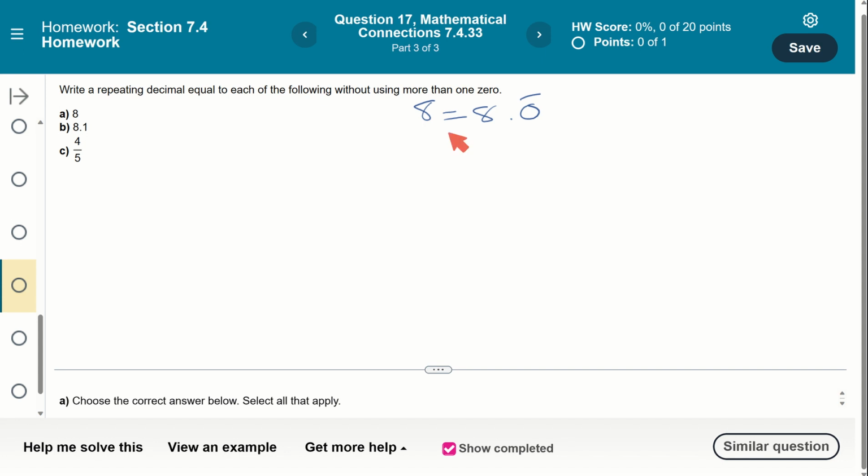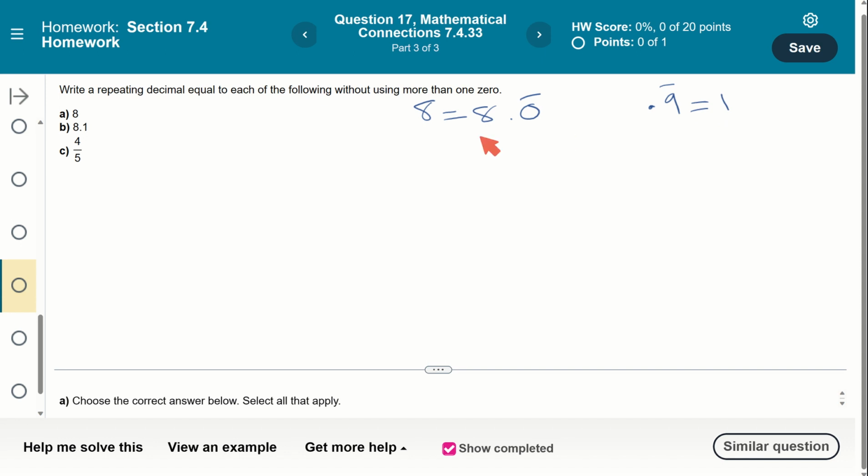Now, remember that we showed in a previous lesson that 0.9 bar is actually the same as 1, if you recall.